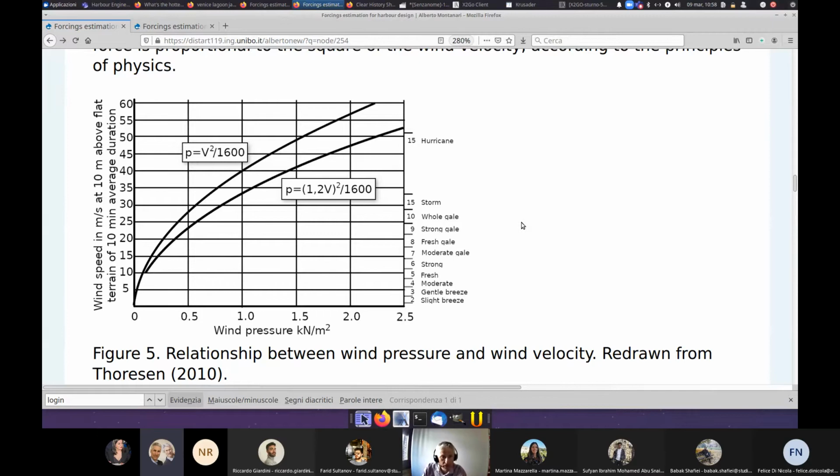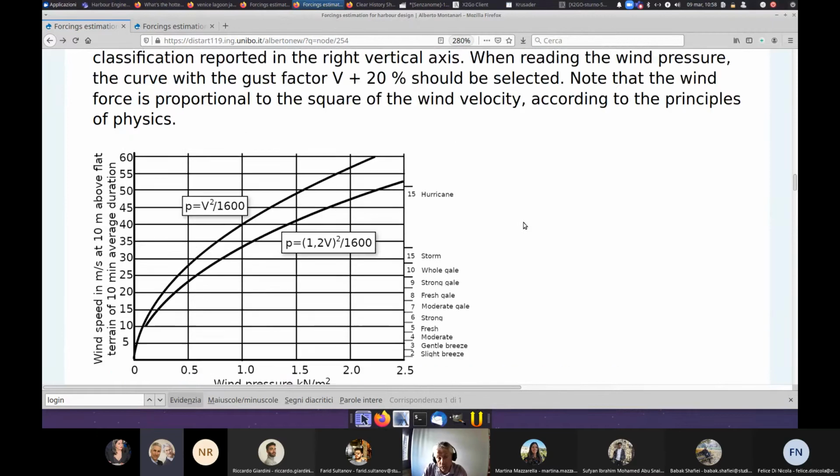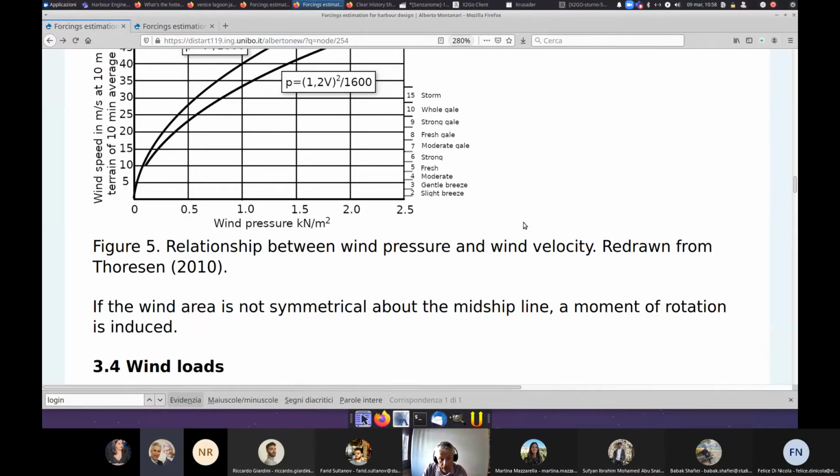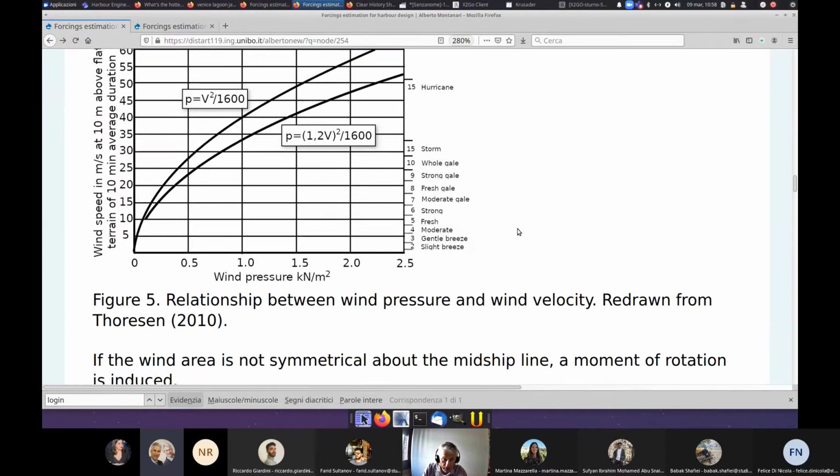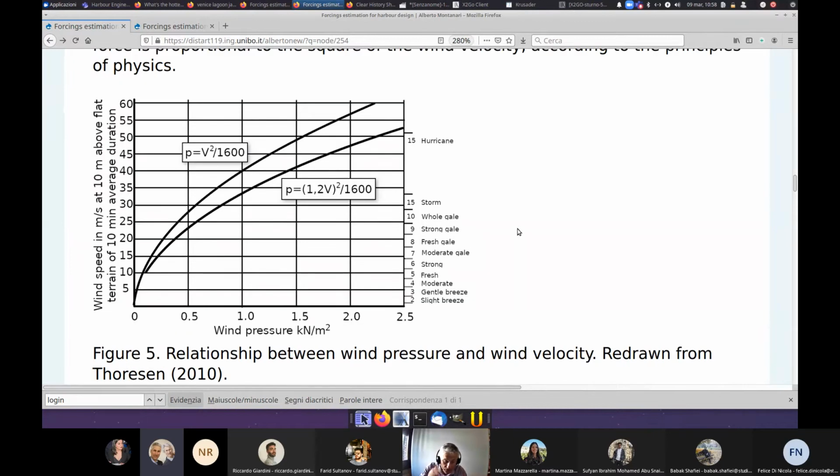This is useful in order to estimate the wind forcing, and of course you have to keep in mind what happens when you have a wind force acting over a ship.